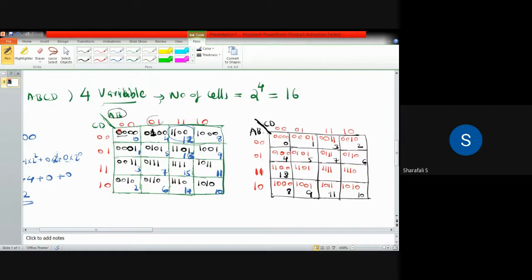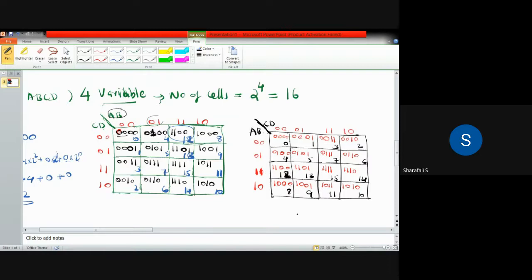Now this one is 12 again. This one is 13, 14 comes here, 15. Okay, this is how we represent the addresses in the different K-maps that we discussed.